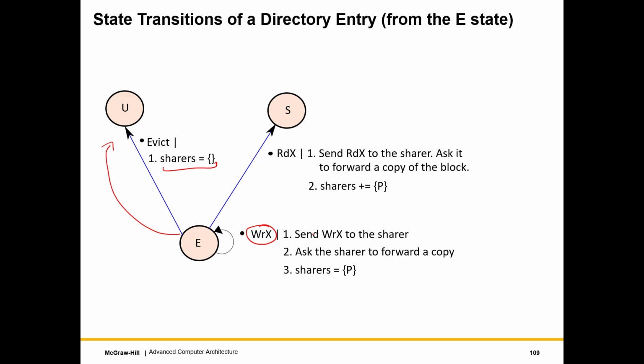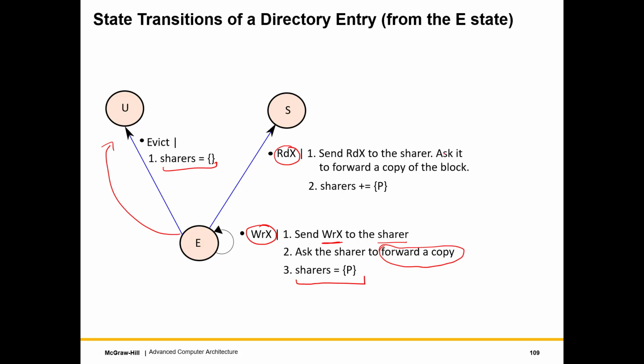If we receive a write miss, then we still remain in the exclusive state. We send a write miss to the only sharer that has a copy. It forwards its modified copy to the requesting cache, and the set of sharers is set equal to P because only one cache can have write access to the block.